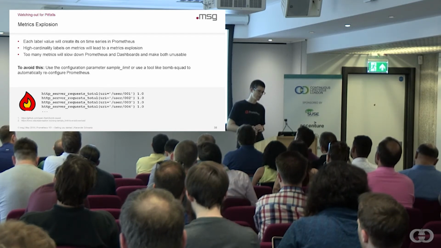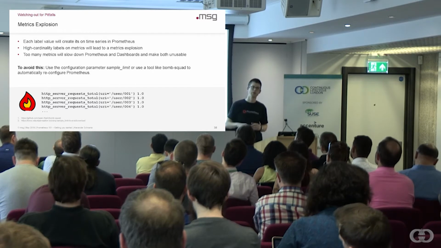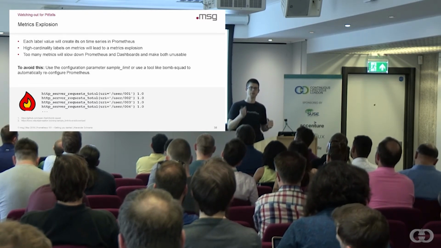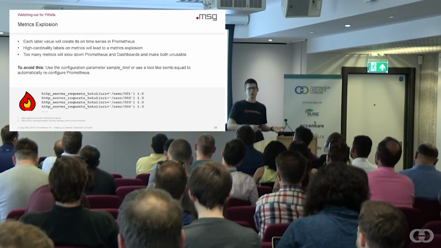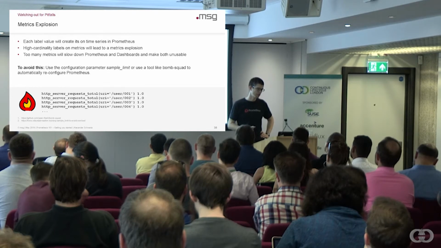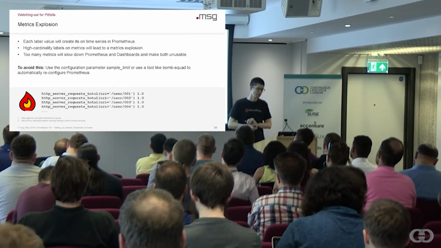For each combination of labels, Prometheus will record one time series in its database, and will also use some bits of memory to keep that in memory. So avoid these high cardinality labels.